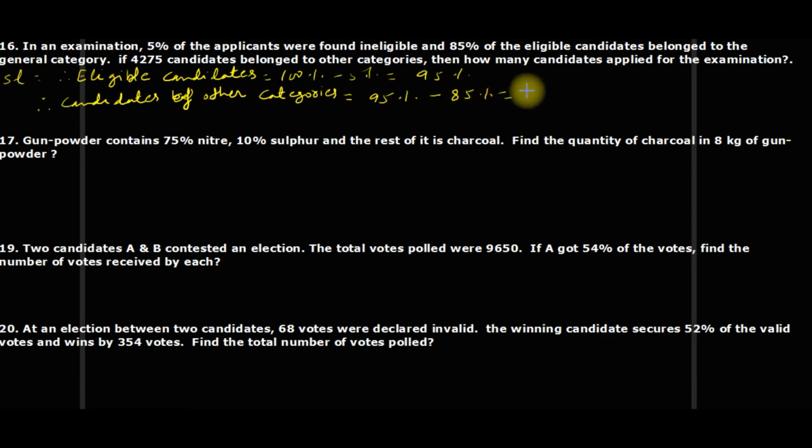So other category candidates would be 10%. So this 10% is equal to this much number of candidates.